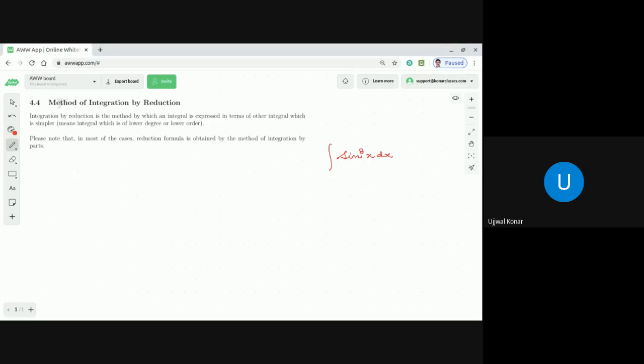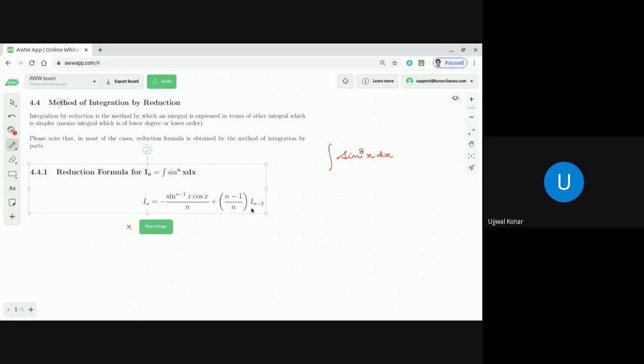Let me give you the relevant formula for the method of reduction for sine to the power nx dx, and then you will understand why I am saying so.